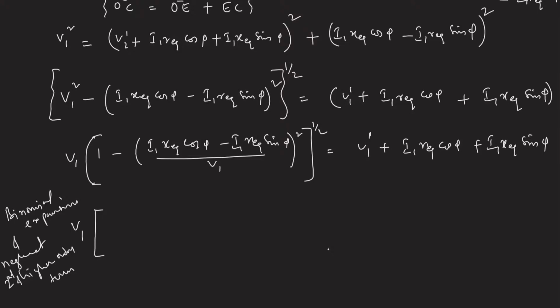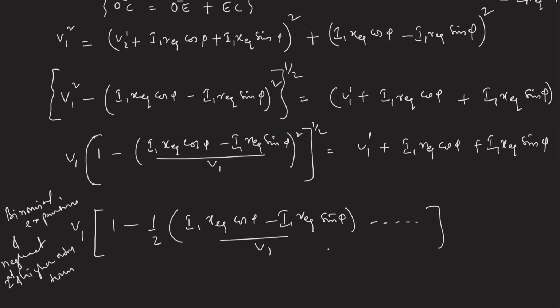So this is V1, 1 minus 1 by 2, I1 X equivalent cos phi minus I1 R equivalent sin phi by V1 and so on.